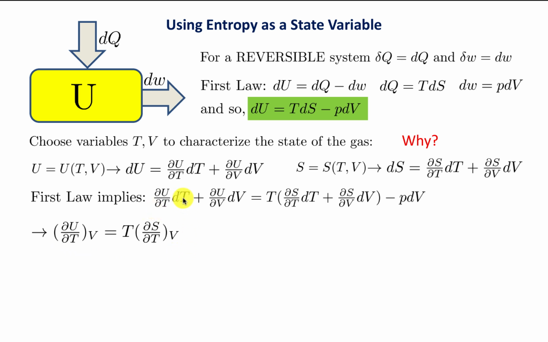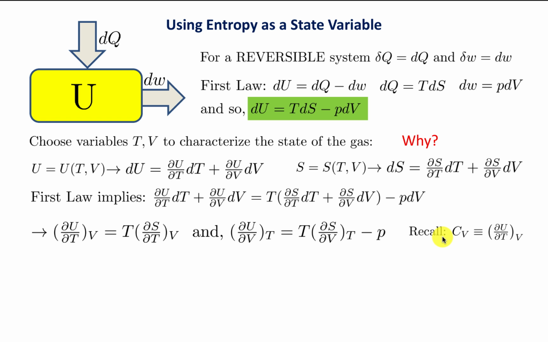When I put dT equal to 0, then I will get dU by dV at constant T is equal to T into dS by dV at constant T minus P, which is here. These are two independent relations, but let's simplify a little more.